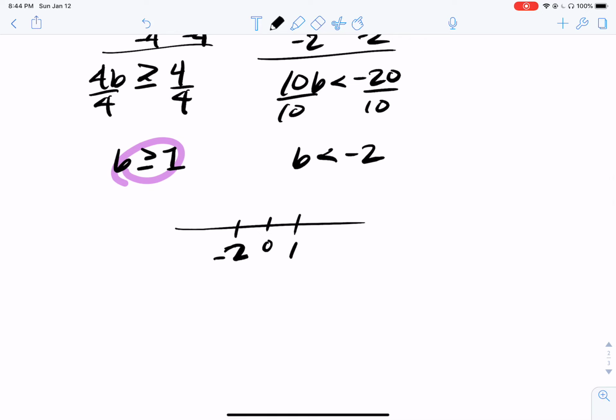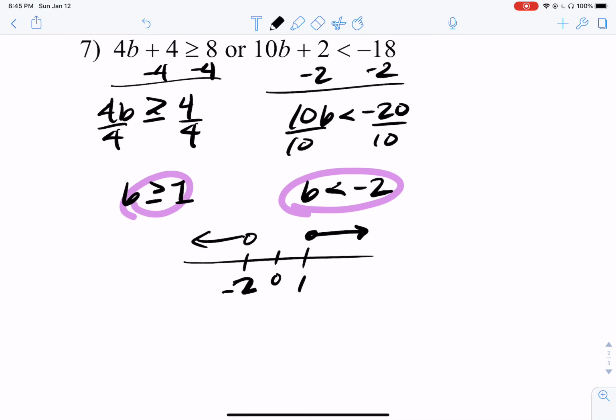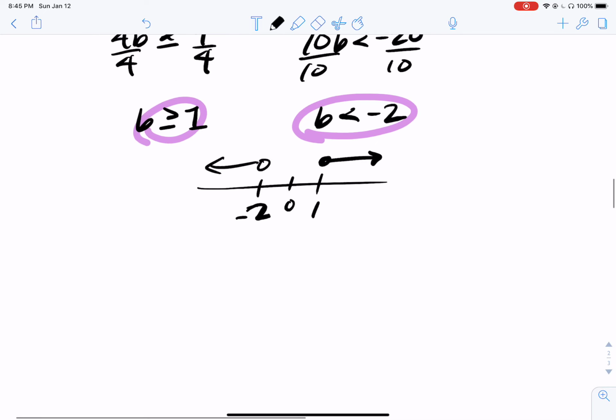So here, we're looking for the numbers that are greater than or equal to 1. So using a closed circle, that will go to the right. And all the numbers less than -2, that would be an open circle and to the left. And again, they're pointing in the opposite directions of each other because it's an OR.